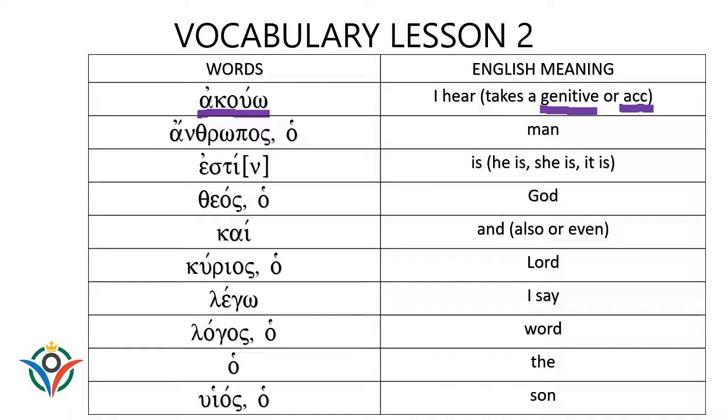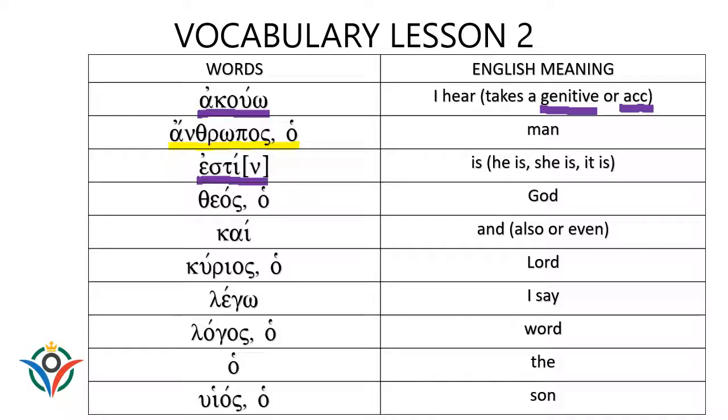Alright, so I'll do the verbs and the nouns in different colors. Now we have anthropos ha, which means man. Next we have estin, and you see there the V, which is the Greek nu in brackets. Why is that in brackets?